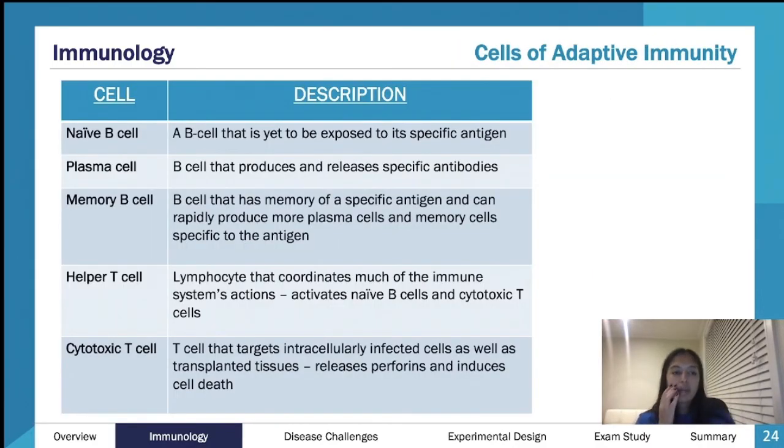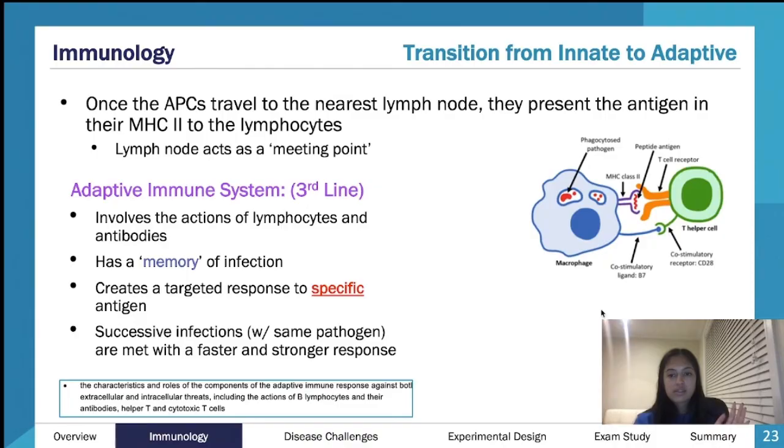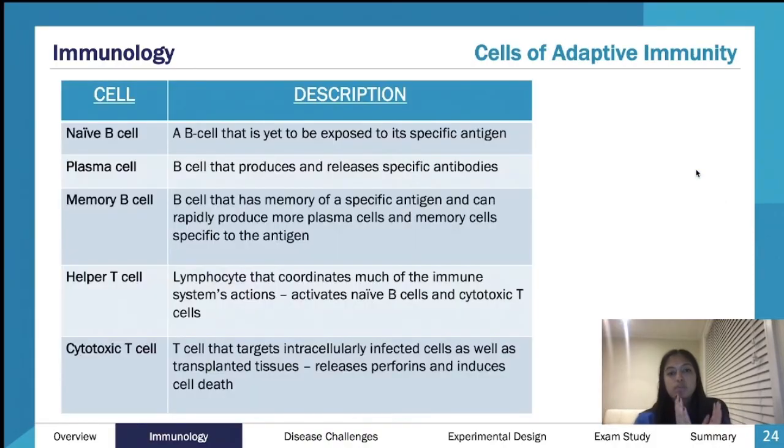Okay, so these are all our main players in our adaptive immunity. So don't really worry about naive and stuff like that. But you've got your B cell. So again, B cell will have a similar receptor like this. It's to a specific antigen. If it's naive, it means it hasn't come across it yet. So in our bodies, in 2018, we had our little B cells.